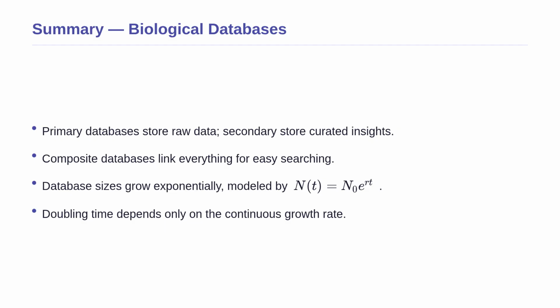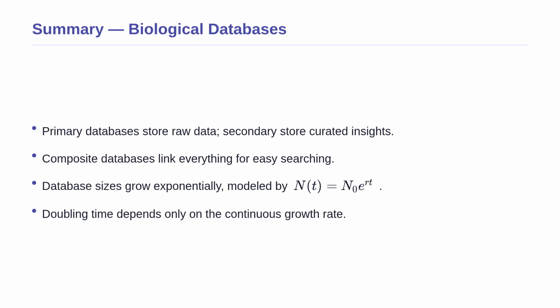We have covered a lot of ground today, so let us review the most important ideas. First, remember that biological databases are essential digital libraries. Primary databases store the raw, unpolished experimental data, while secondary databases provide highly curated and analyzed insights. Composite databases link everything together for easy searching.